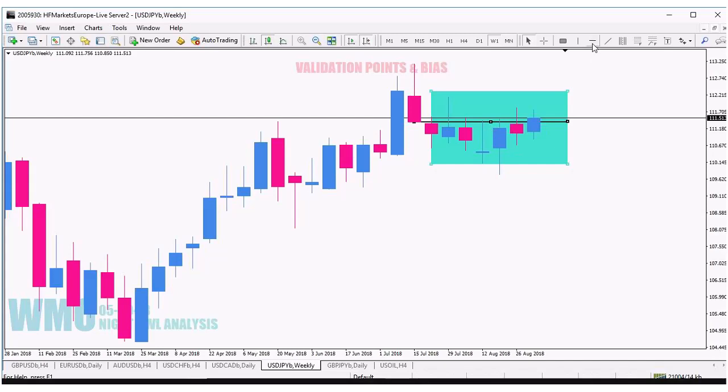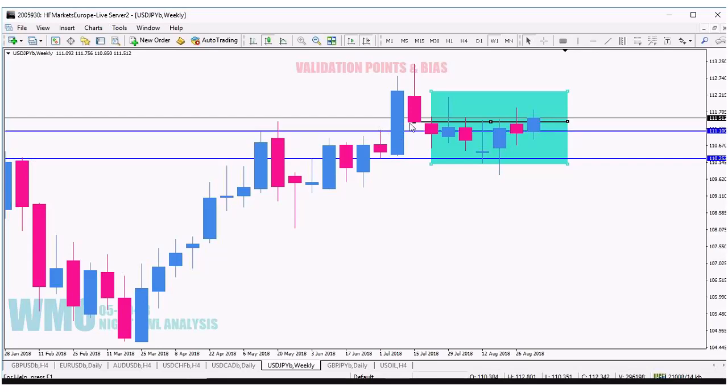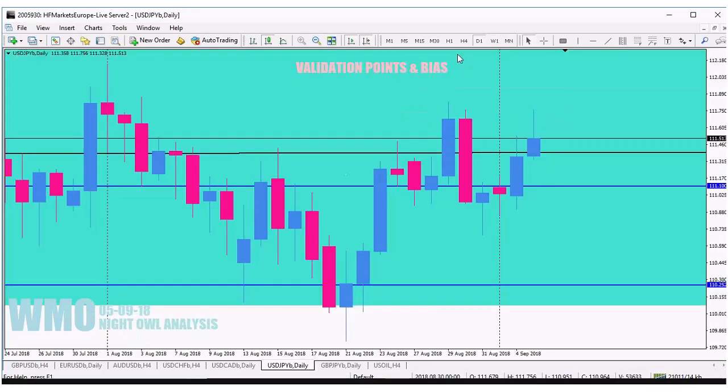And when we're going to reverse, look at this validation point here. Can you see how they came into it nicely? There's another one here, but we're not using this now because we got this. So it's in between two levels now. Because of that, I would then jump to the daily time frame, and as you can see, the daily time frame is clearer.